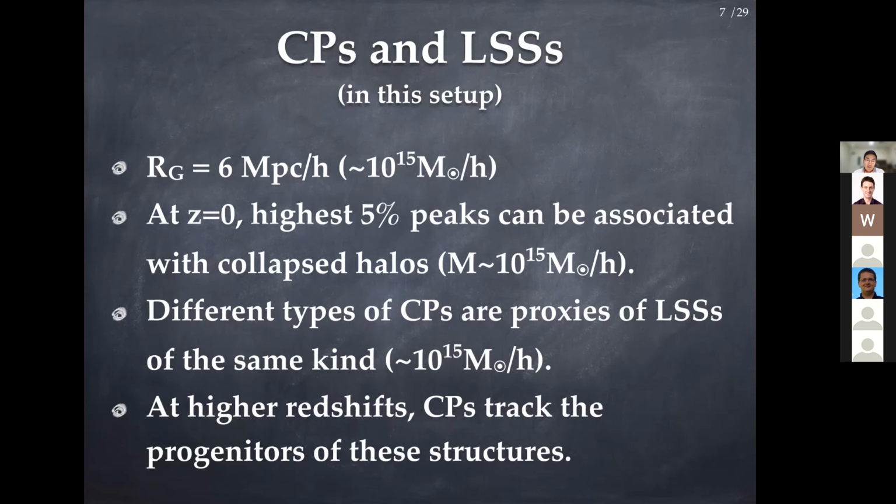So you can extend this idea to other types of critical points. So different types of critical points, for instance wall types, filament types or void types, are proxies of the large-scale structures of the same kind at that mass scale. And these critical points at higher redshifts are likely to be tracking the progenitors of these structures.